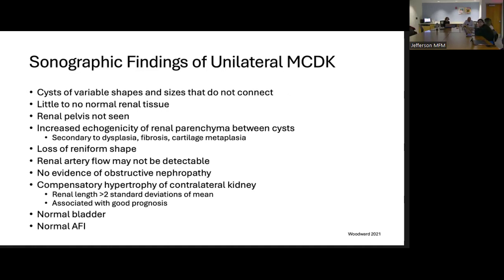Because there's dysplasia and fibrosis in that area, and that is why it looks white, and that is why you don't have any functioning. Exactly. So even though you see renal tissue, that is not normal renal tissue that is going to function. And really that is the most important conclusion for the multicystic dysplastic kidney.